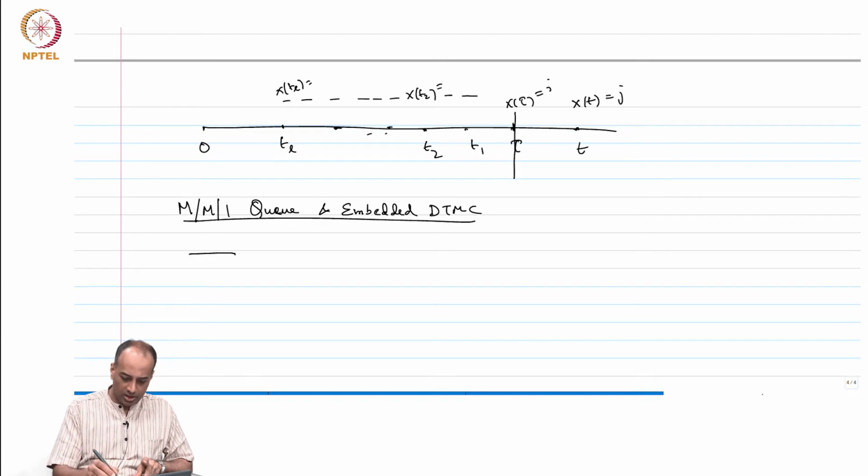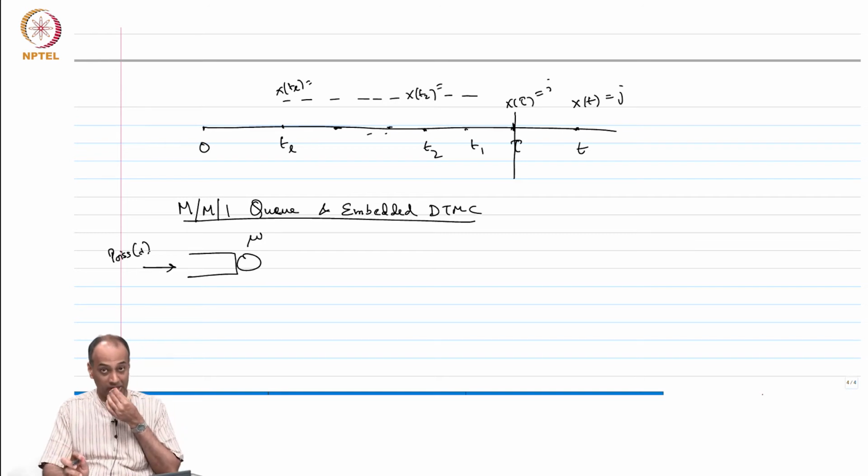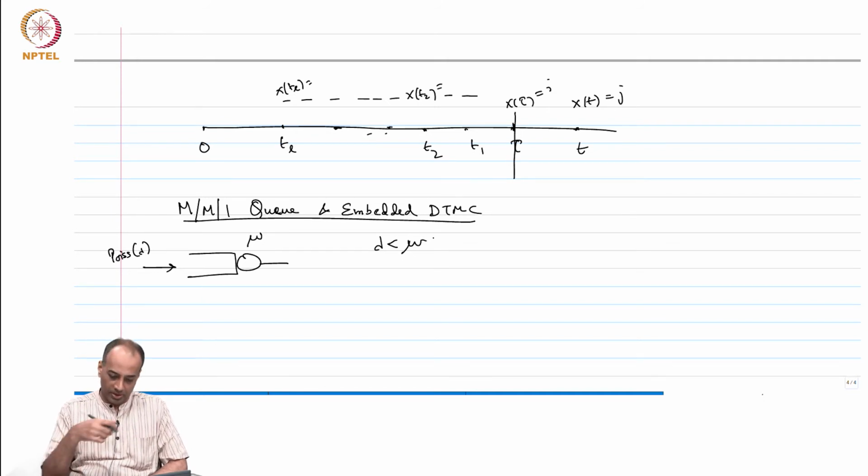As you know, an M/M/1 queue has a server with exponential service rate mu and a Poisson arrival process at rate lambda, and the arrival process is independent of service times, alright. We are assuming of course that lambda is less than mu, so that the arrival rate is less than the service rate, otherwise the queue will be overwhelmed.